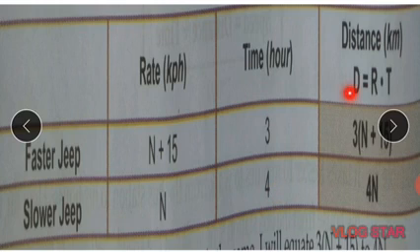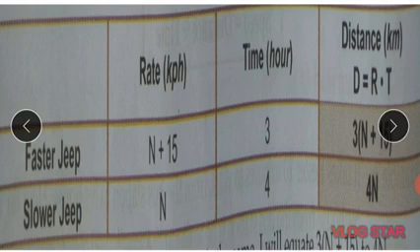Since the formula for distance is rate times time, we have 3 times quantity n plus 15. 3 is the time and n plus 15 is the rate, while for the slower jeep, 4n, 4 for the time and n for the rate.